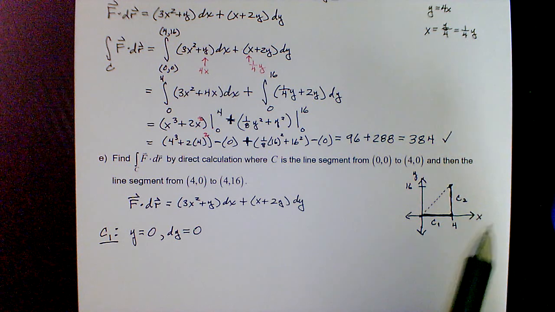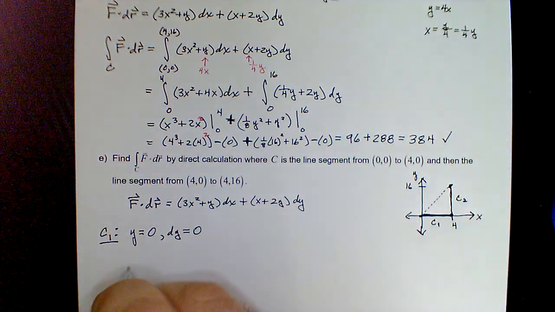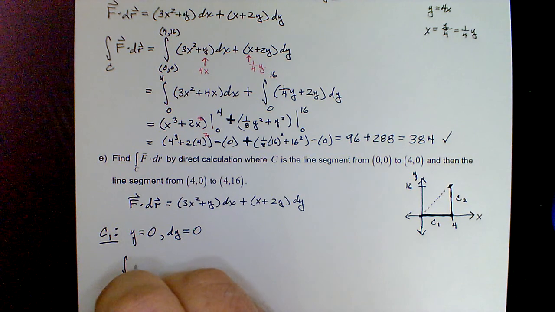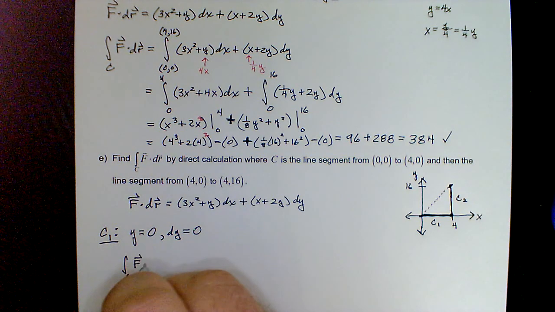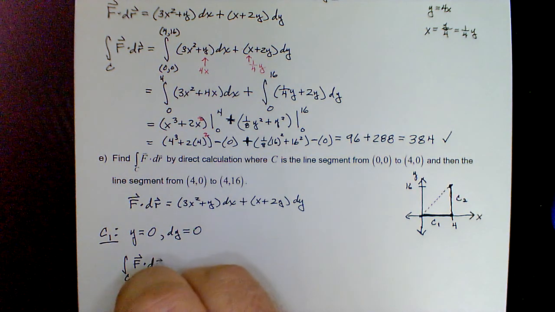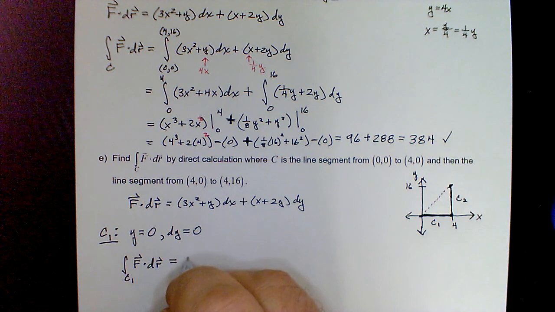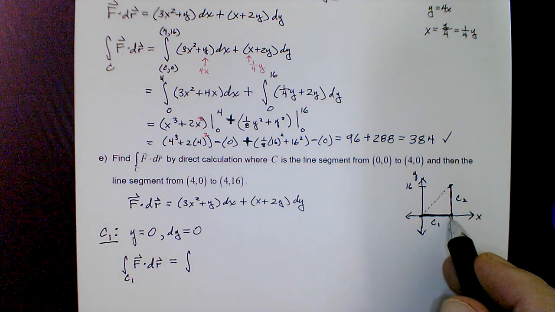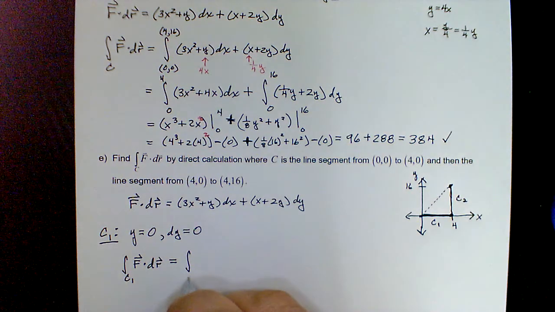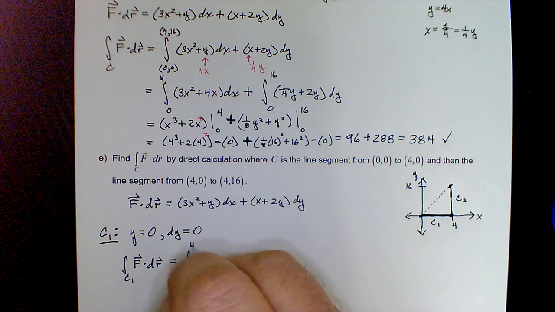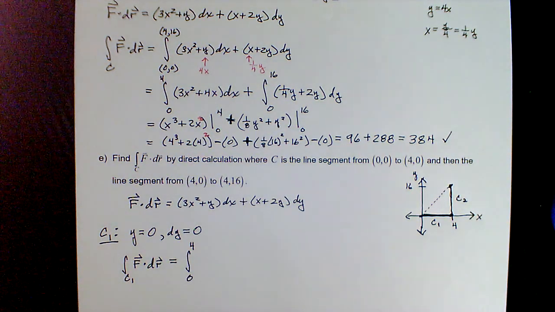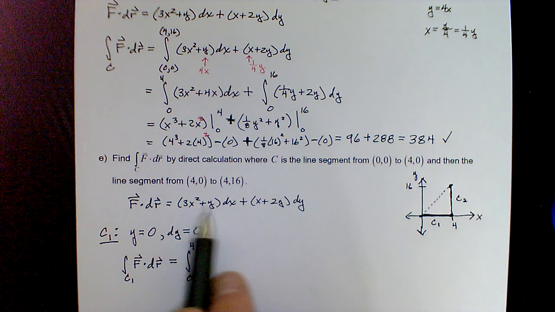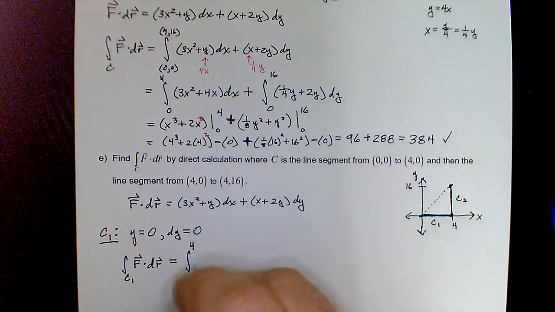So, therefore, the integral along C1 of F dot dr becomes the integral from, the only thing that's changing is x going from 0 to 4, and if y is 0, this becomes just 3x squared times the differential dx.